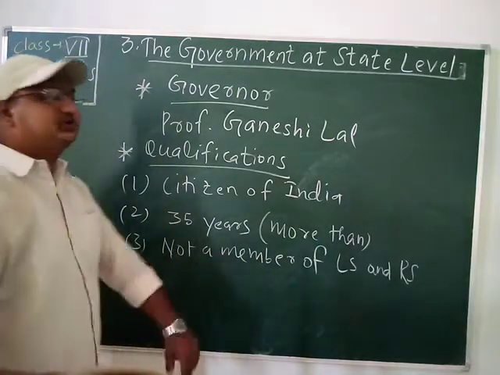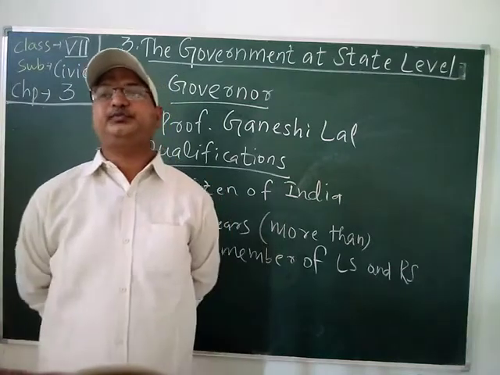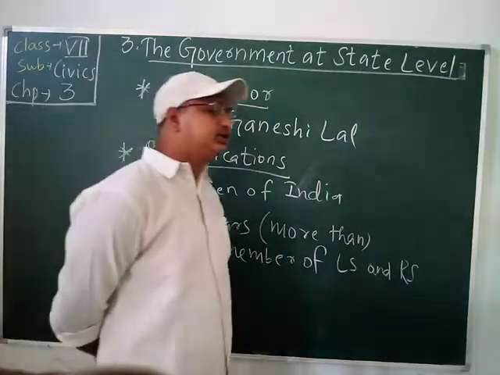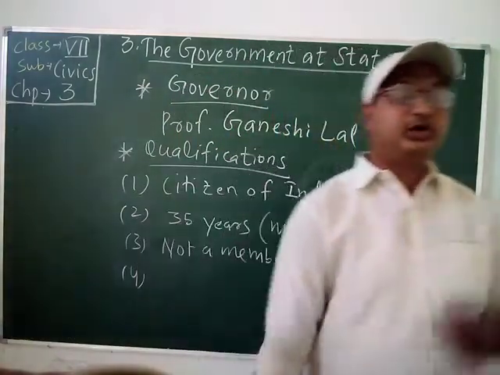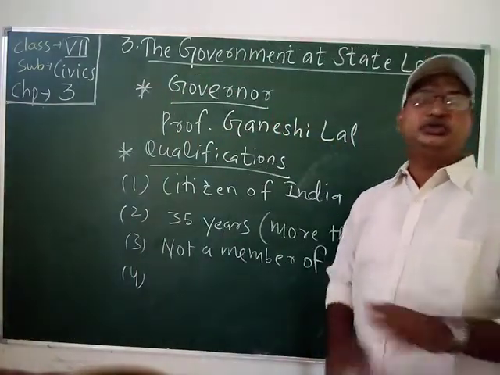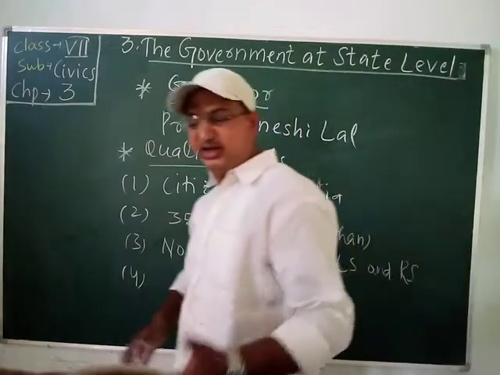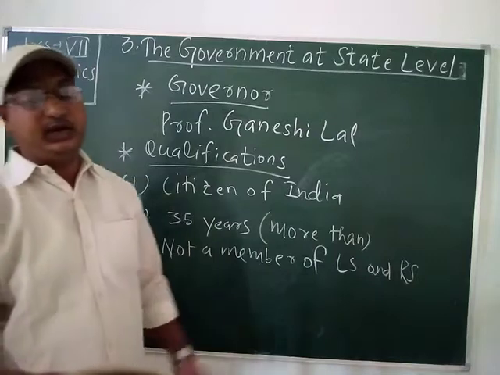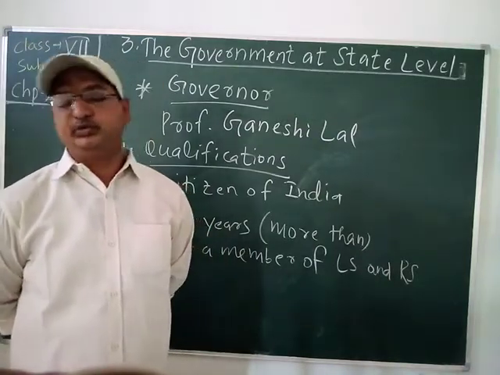Then students, the next qualification is that he should not hold any office of profit in the government, meaning he or she must not be in a job or service, or in an office of profit where he or she may get some salary. No, that is not possible.